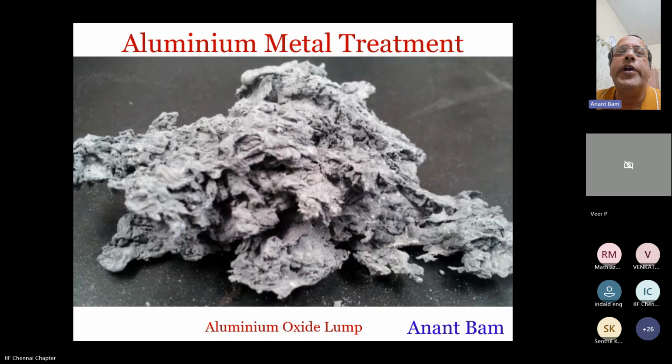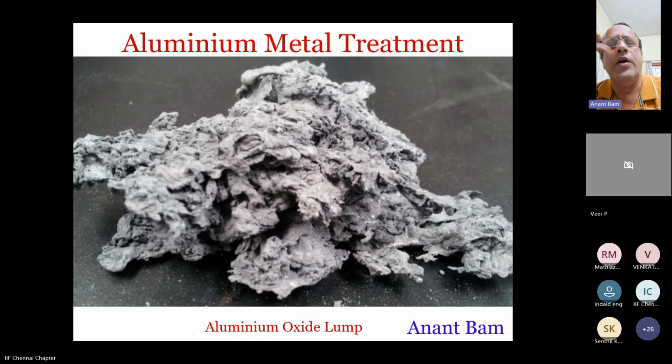The first two were videos wherein I was breaking an oxide lump by hand and showing that there is liquid aluminum which is now solidified. But unfortunately, due to a problem with my laptop, I cannot show that video. I'm sorry for that. The photograph which you are seeing is the oxide lump. It's usually a practice in all foundries to collect aluminum oxide in a tray, a bin or a trolley.